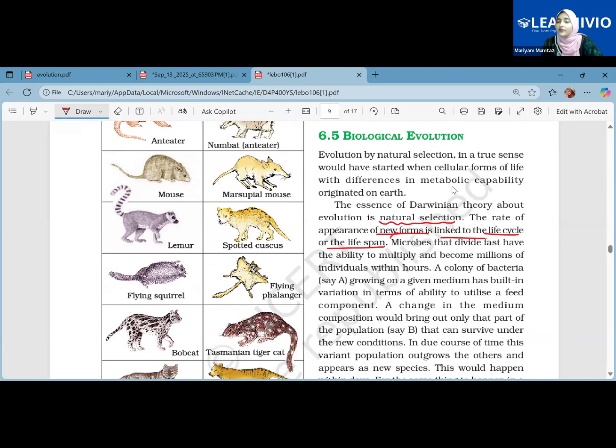When we talk about microorganisms, since they have a very small lifespan, merely some hours or maximum 1 week, not more than that, they divide much faster and become millions and millions in population within a few hours.